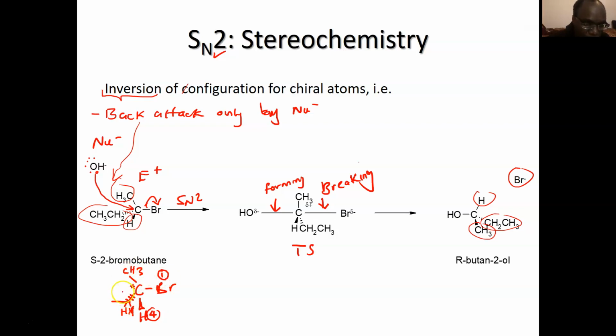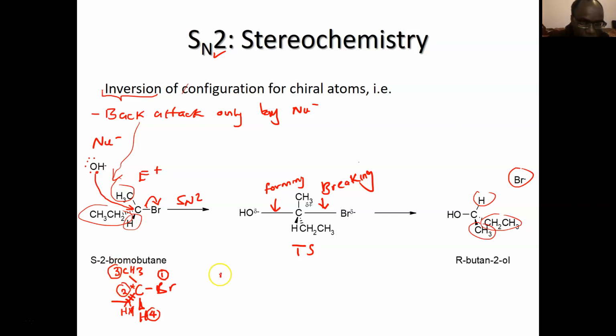The ethyl will be priority 2 because that carbon is bonded to 2 hydrogens and a carbon. This carbon is bonded to 3 hydrogens. So obviously the one bonded to a carbon and 2 hydrogens will win over the one bonded to 3 hydrogens. So this methyl will be priority 3.